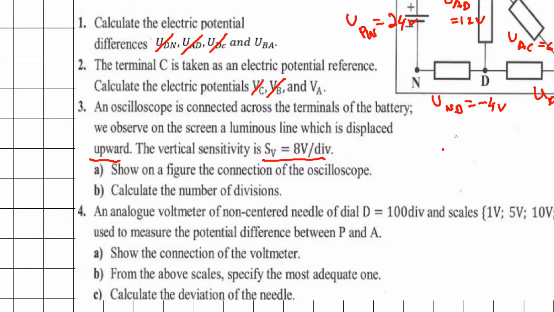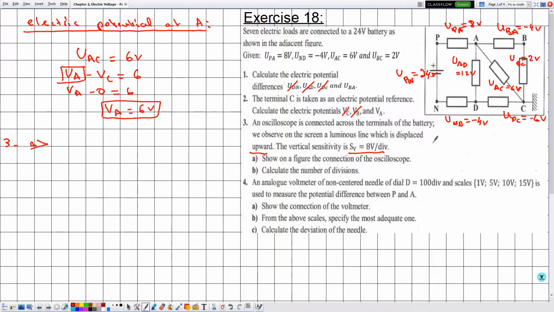So they are telling me to show on the figure the connection of the oscilloscope, and this must be done by referring to the sign of the voltage measured by the oscilloscope.